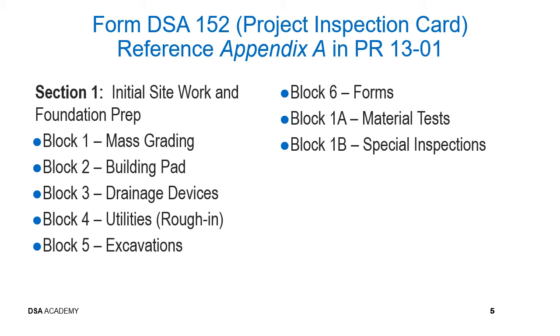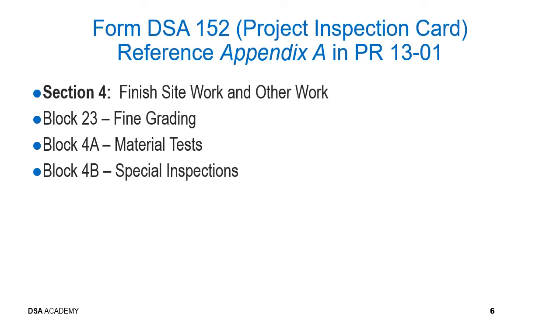Also referenced is Appendix A in Procedure, which is PR 1301 in DSA publications. Section 4 of DSA 152 form will cover finished site work and other works, such as fine grading, material testing, and special inspections.